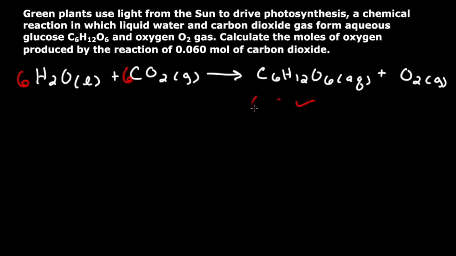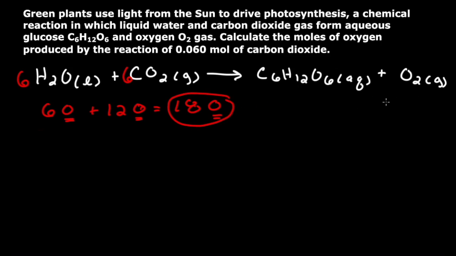Now that I did those, I can look at the oxygens. I have 6 right here times 1, so I have 6 oxygens. I have 6 times 2 there, so I'll have 12 oxygens there. So altogether on this side, I'm going to have 18 oxygen. Now I like to underline this O so that it looks like 18 oxygens and not 180. Let's count the ones over here.